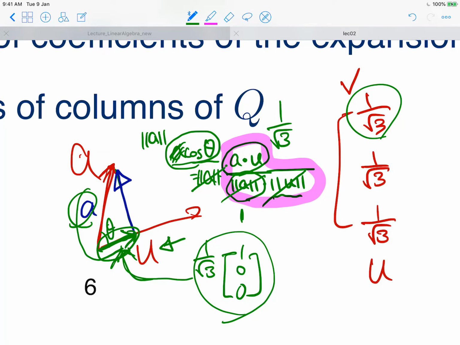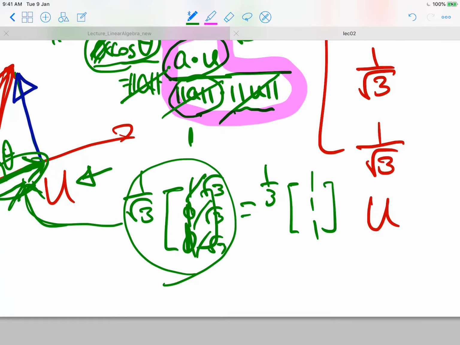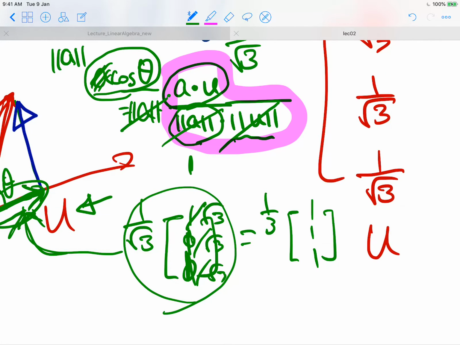U is this guy, with square root 3 and square root 3, 1, 1, so we can simply write it in this form: 1, 1, 1 times 1/3. That is the vector of this green part.